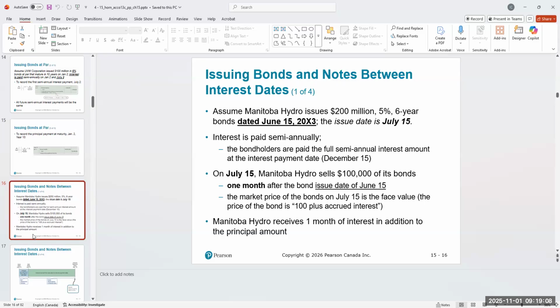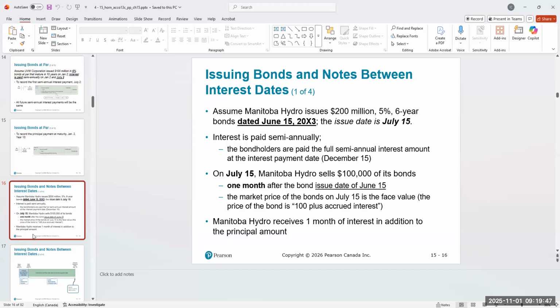We saw what's going to happen if the bonds are issued between interest dates. Whoever gets the bond has to lend you the money for the bond, plus pay the interest for the time that already expired between the payment dates, because on the payment date he's going to get the entire interest, not only for the period that he held the bonds, but for the entire period.